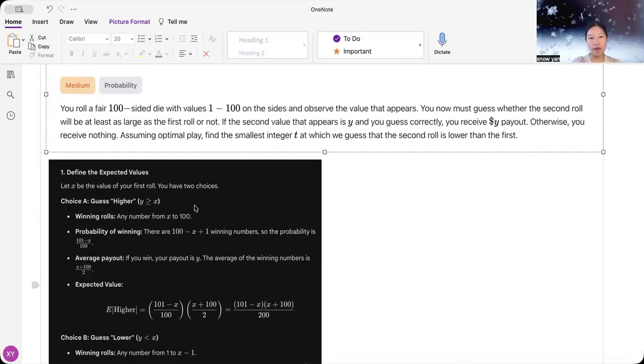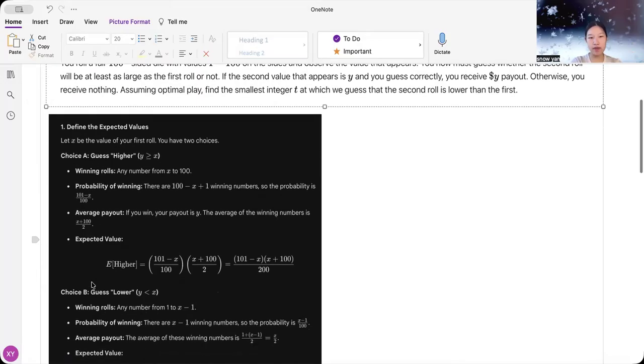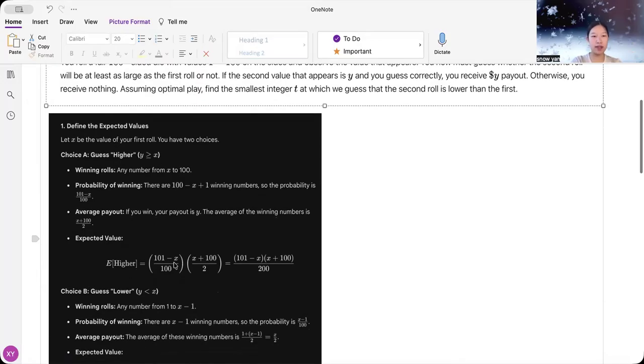Our expected payout would be the average of the winning numbers. So the expected value would be (101 minus x) divided by 100, times (x plus 100) divided by 2. If we multiply these together, this would be our expression.